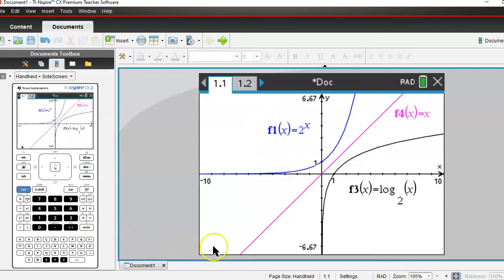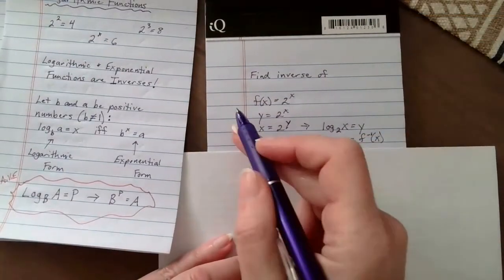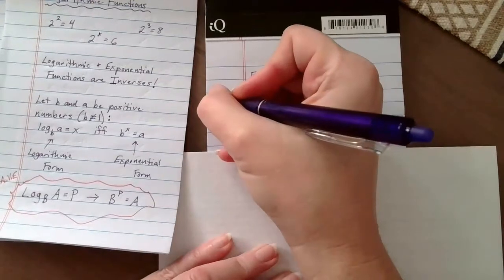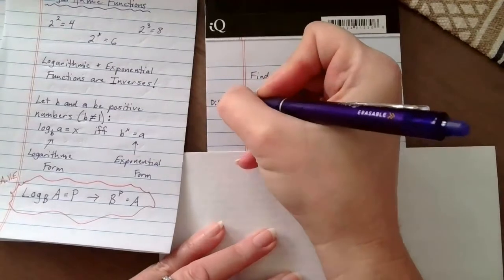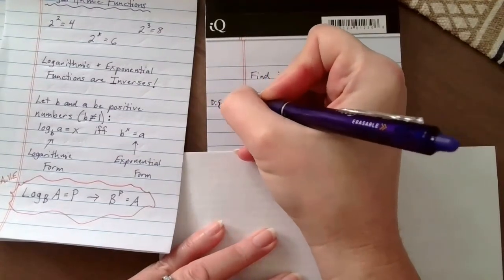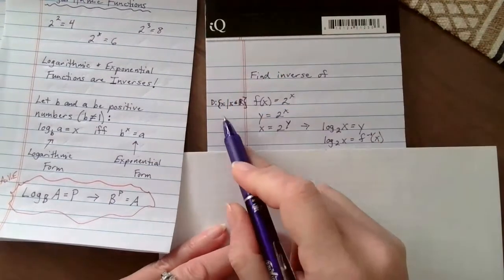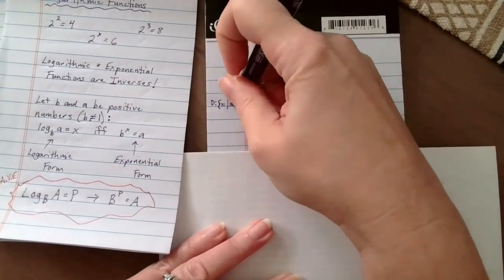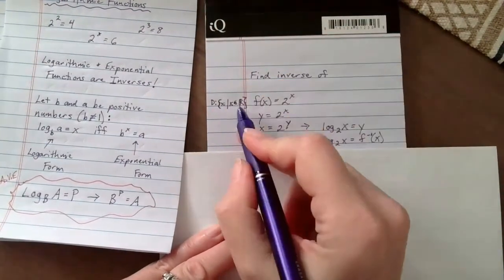All right, so I'm going to switch my screen back real quick so we can make a note of that. We're saying that for the original function, this thing had a domain of x's such that x is a member of the set of real numbers.